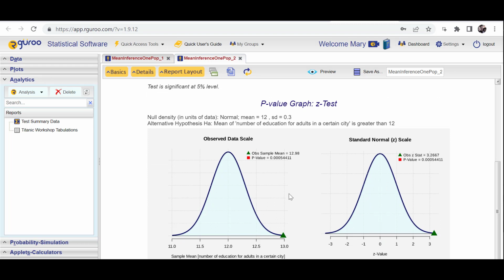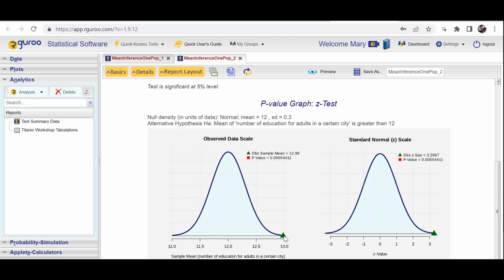So you've got two graphs at the bottom here, and they're kind of showing the same thing, but they're highlighting something different in both. So if you had the observed data, the sample mean we found was 12.98, and it falls right here where this little triangle is.